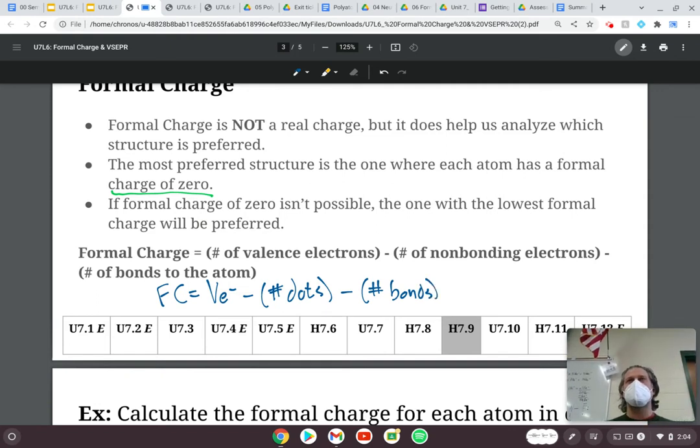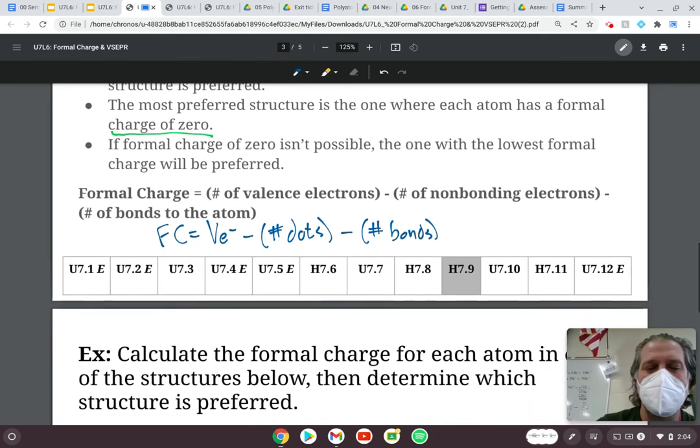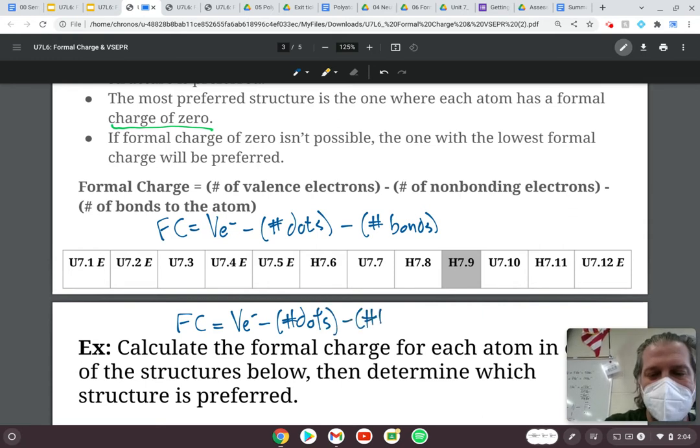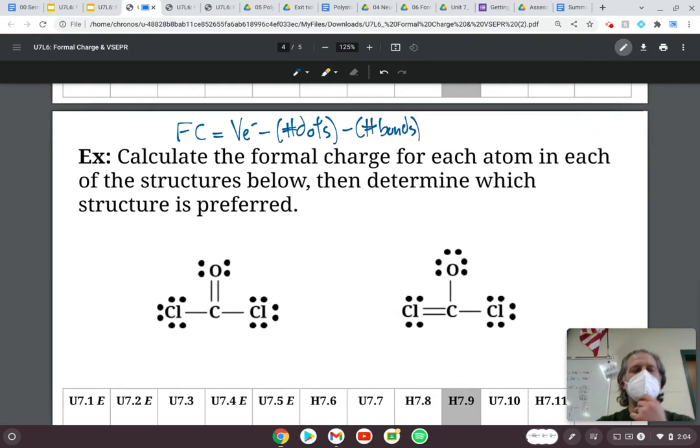A formal charge looks at one atom at a time, and it asks how many valence electrons that atom brings to the table, how many dots are on it, and how many bonds it is participating in. So again: formal charge equals valence electrons minus number of dots minus number of bonds.